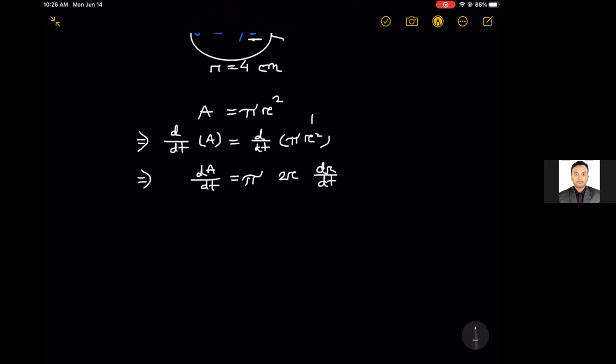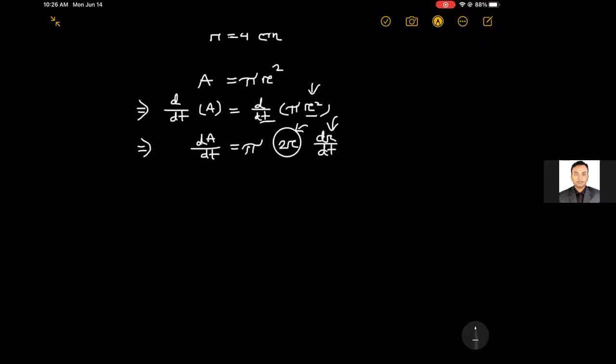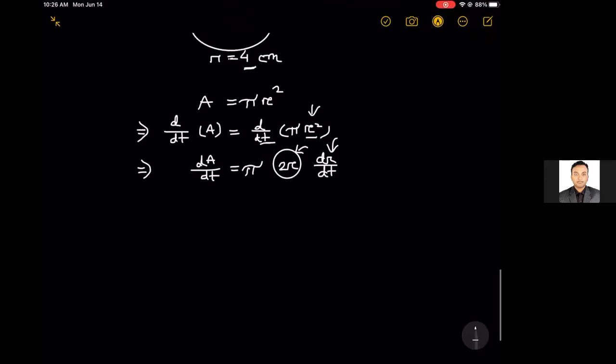If it was t squared, I would have written a 2t, and that would be the final answer, but it's not exactly t. So using the chain rule, we imagine that this is my t. So we can write 2r for this r squared. And since this is not the t we wanted to have, we need to write the derivative of that and multiply it. Okay, and r is given, r is 4, dA/dt is given.